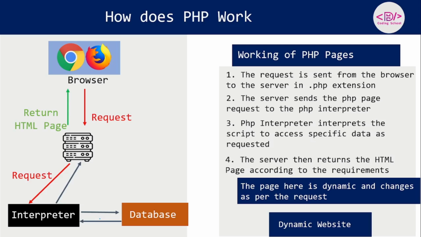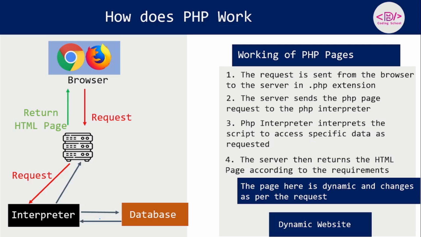All websites that run on PHP end with a .php extension instead of .html. That tells the server there is a possibility that some dynamic data is required. So now, instead of the server returning the HTML page, it sends this request to an interpreter.